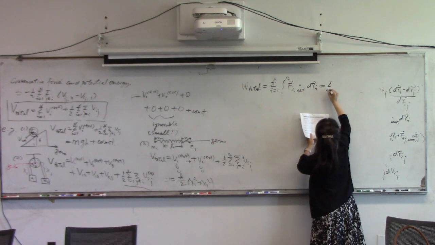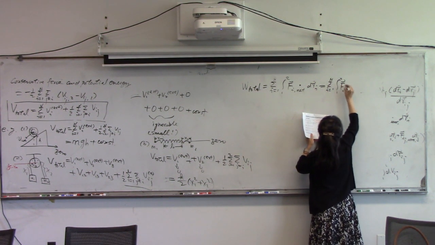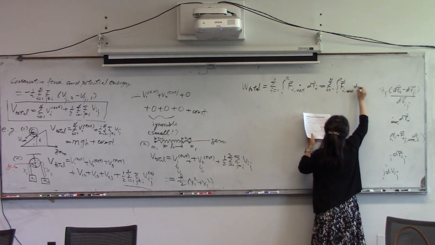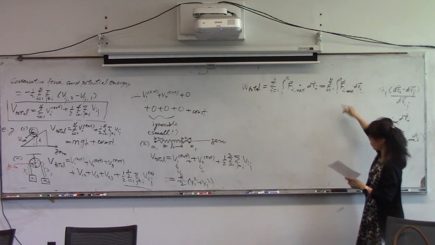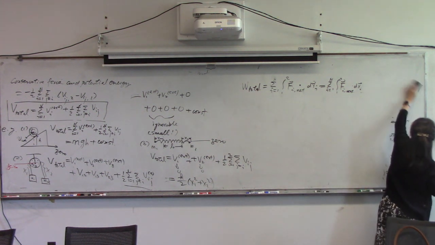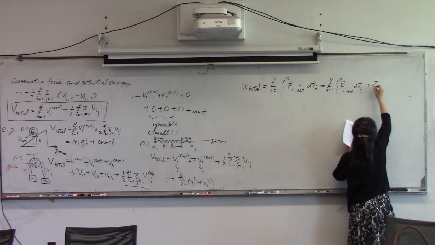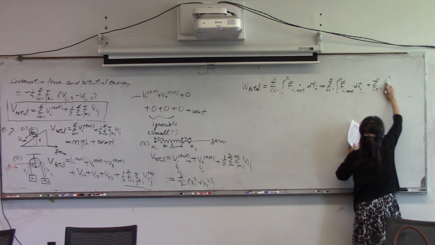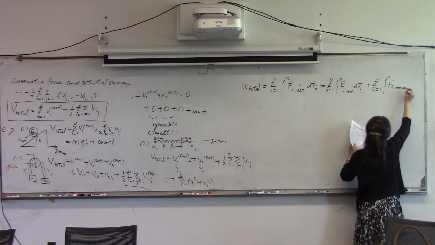So we have the sum from i equals 1 to n of the integral for conservative. Now this conservative part includes both the external and the internal. I just write it this way, and plus the integral for the non-conservative.